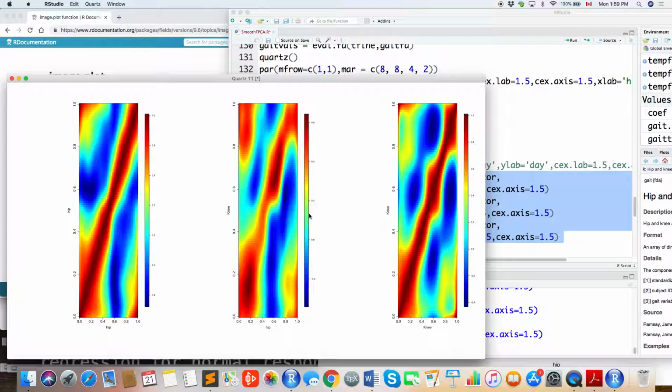I guess we didn't see much information. The interesting thing to find is that if you look at the correlation between knee and hip at the same time point, in this diagonal part, the correlation is roughly 0.6.